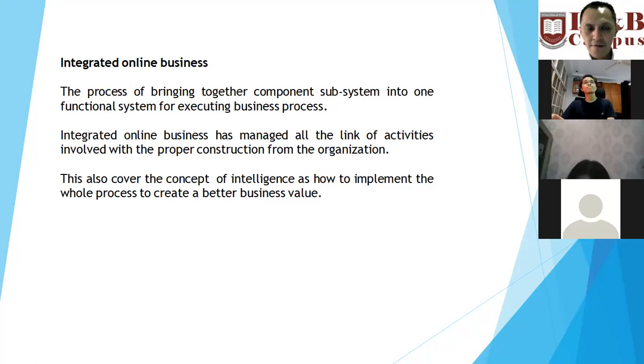That is the meaning of integrated. Integrated online business also manages all the links of activities that are involved in the proper construction of the organization. As I said, the base form is from offline, so it is not really different from how they integrate into integrated electronic business. This also covers the concept of intelligence of how to implement the whole process to create better business value.